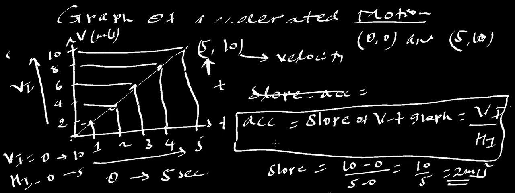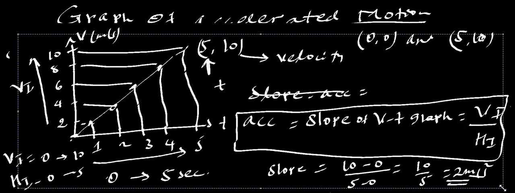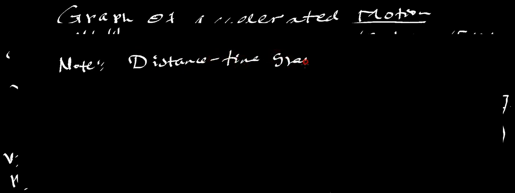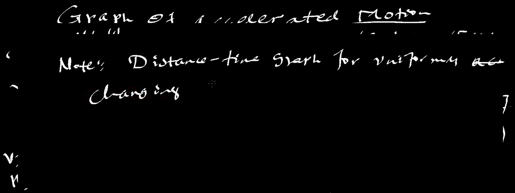You will learn this in the future, but let me write this as a note: note that the distance time graph for uniformly changing velocity is a curve.